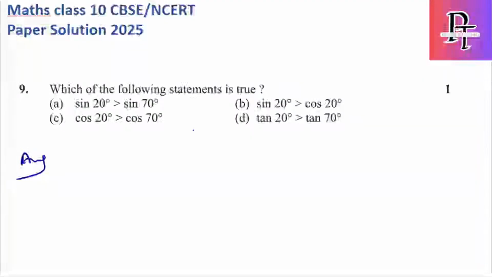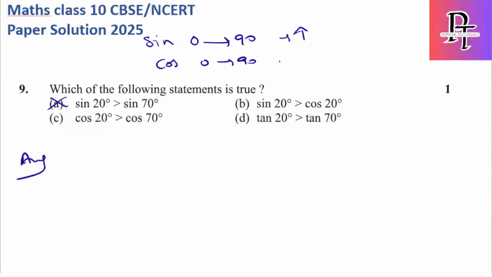Which of the following statements is true? Sin 20 greater than sin 70, wrong, because sin values always increase from 0 to 90, whereas for cos, from angle 0 to 90 it is just the opposite, where it decreases. Cos 20 is greater than cos 70, correct.